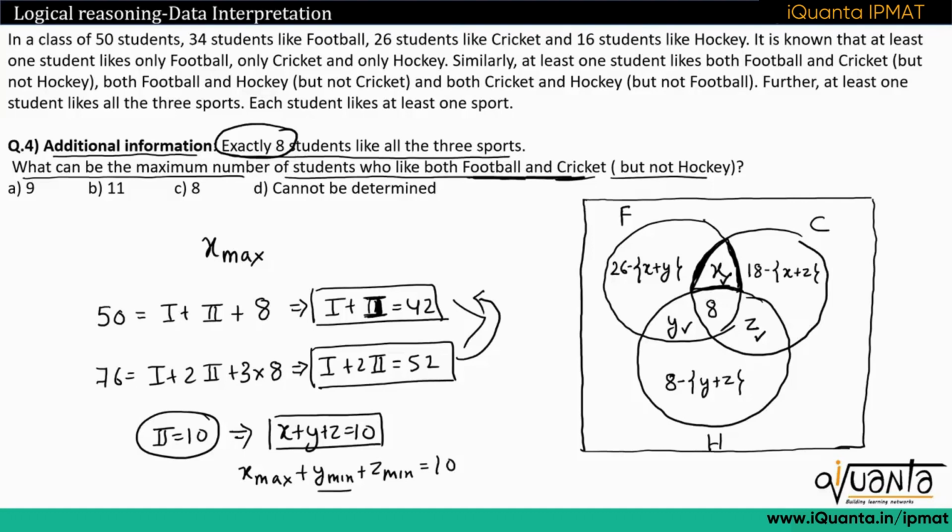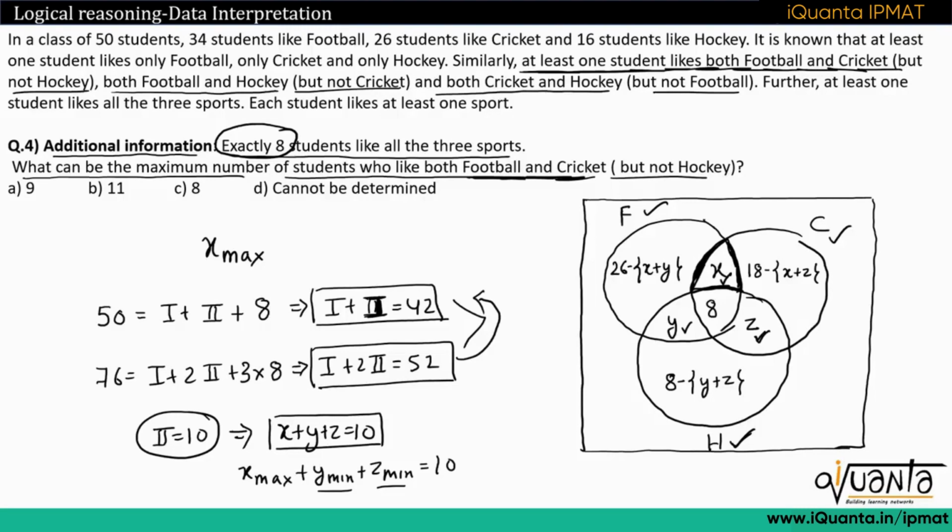So can you tell me the minimum value of y and z? What is y? Y is the number of students who are playing football and hockey but not cricket. And z is the number of students who are playing cricket and hockey but not football. So it was given to us in the question that at least one student likes both football and cricket but not hockey, both football and hockey but not cricket, and both cricket and hockey but not football.